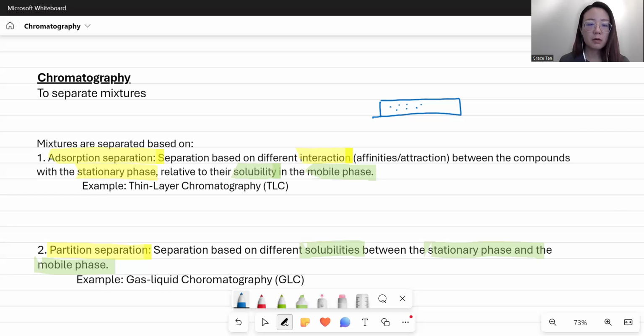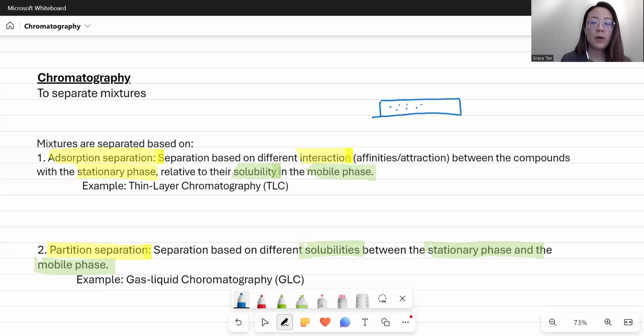So based on appropriate interaction, non-polar compounds will bind more appropriately with the non-polar stationary phase. All right. And of course, your stationary phase can also be polar. So if your stationary phase is the polar type, then samples or compounds that are more polar are able to interact well. The word is interact well with the stationary phase.